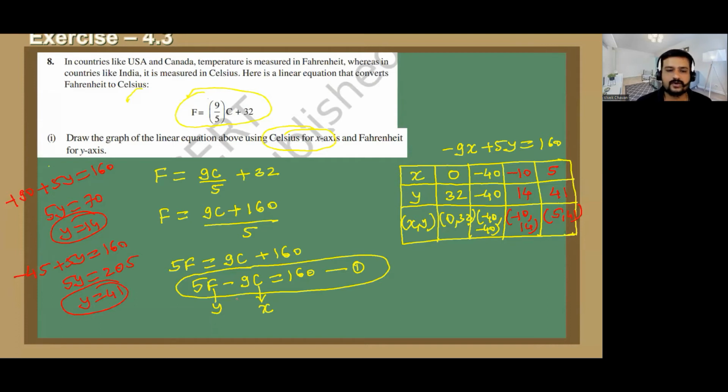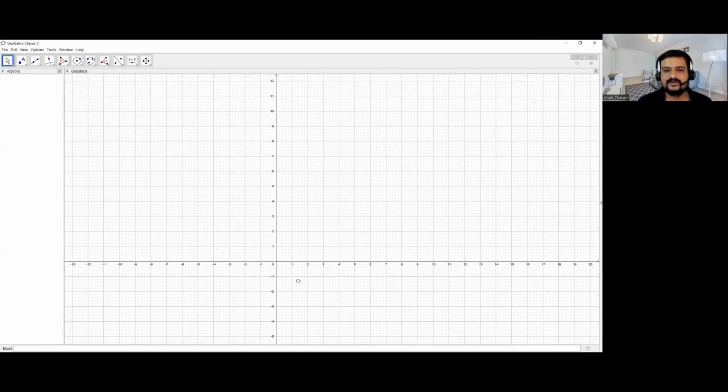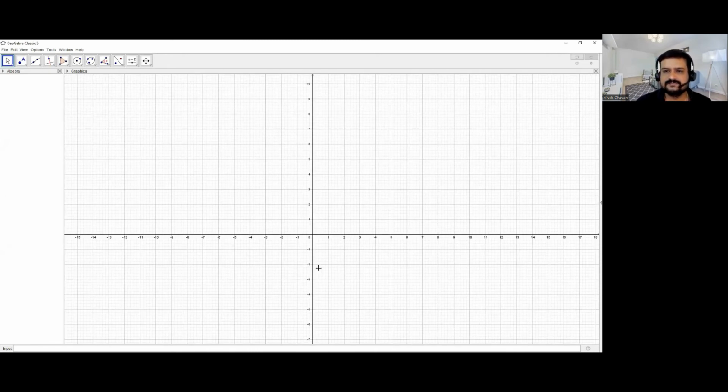Now we will draw the graph. Okay, can you see the graph? X-axis, y-axis. Now we need to draw the graph. So our equation is what?